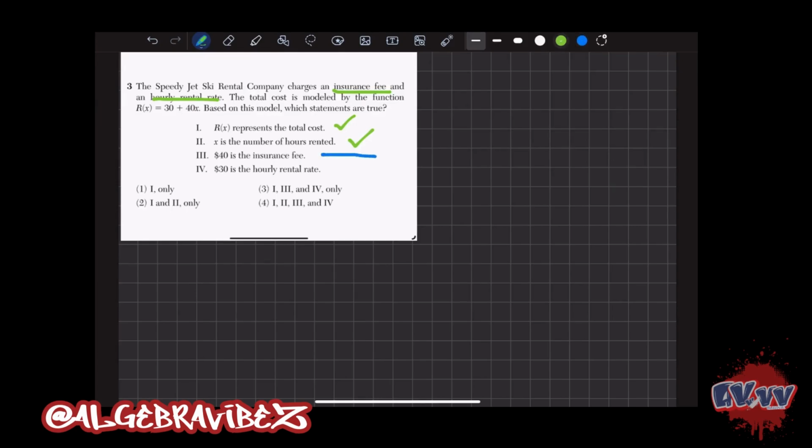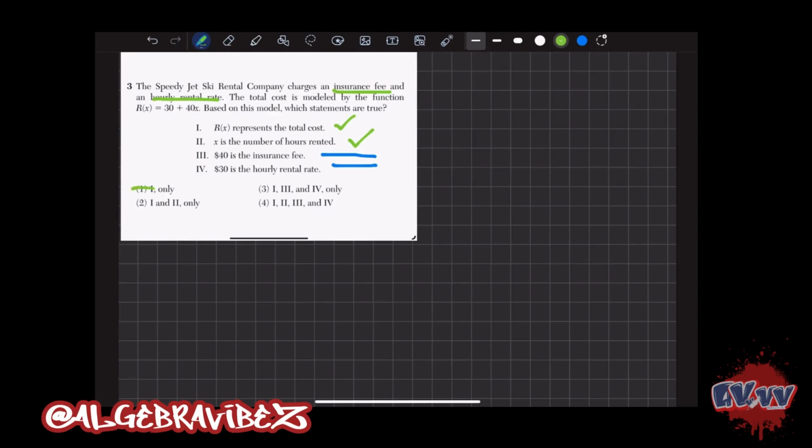Therefore, 3 is not the insurance fee, and we're going to use a blue line to indicate that it is not true. Is $30 the hourly rental rate? We know that this is not true based on us working out number 3. 30 represents the insurance fee, which is a fixed fee. So we're going to indicate again using the blue line that this is not a true statement, instead of the check.